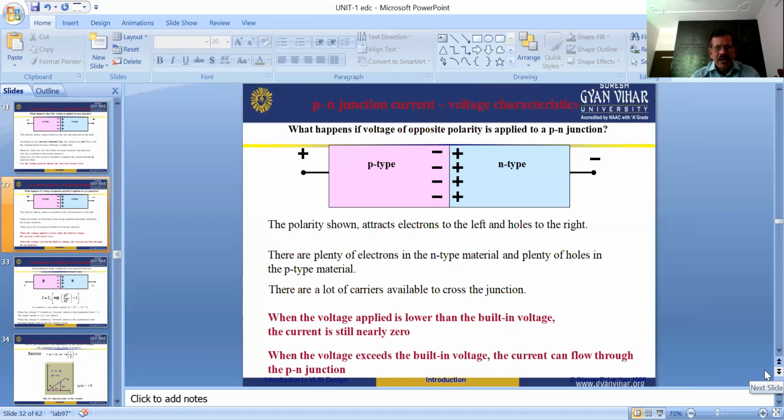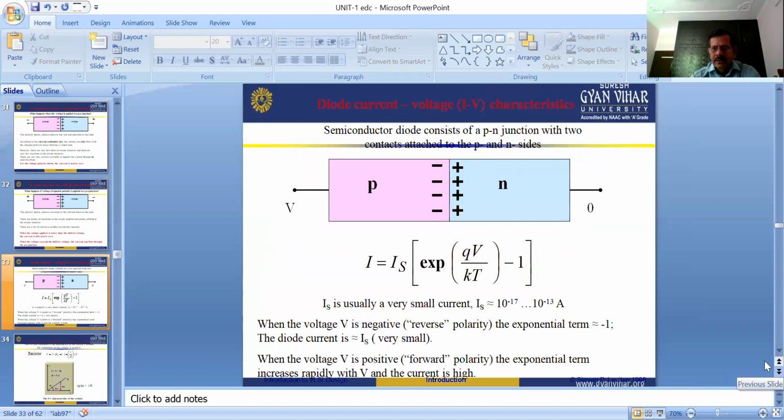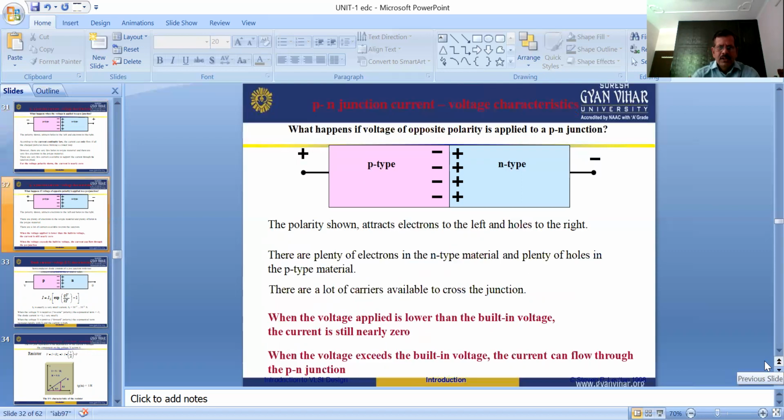So the polarity shown attracts electrons to the left and holes to the right. There are plenty of electrons in n-type material and plenty of holes in p-type material.